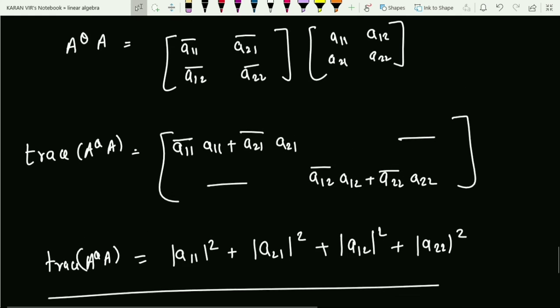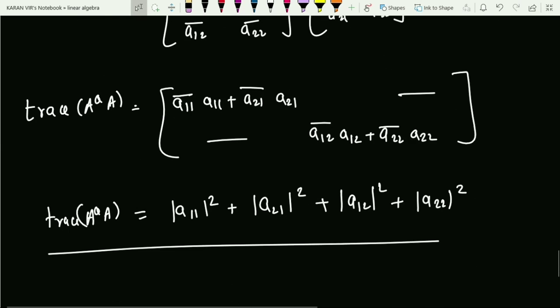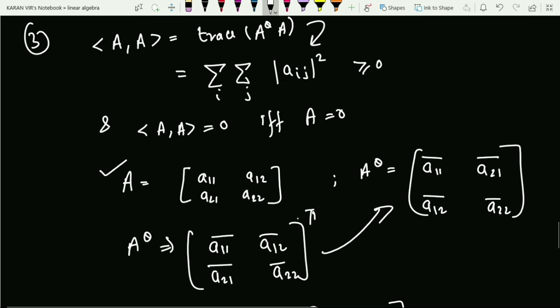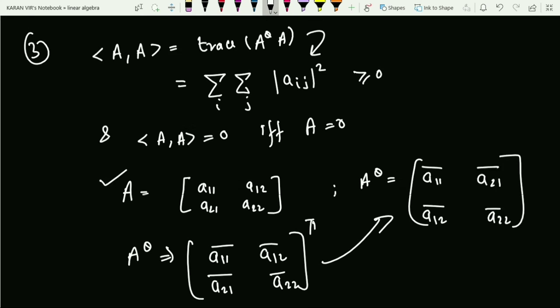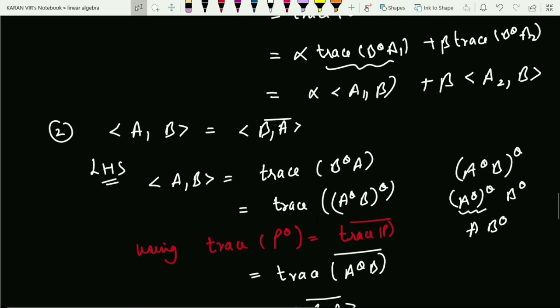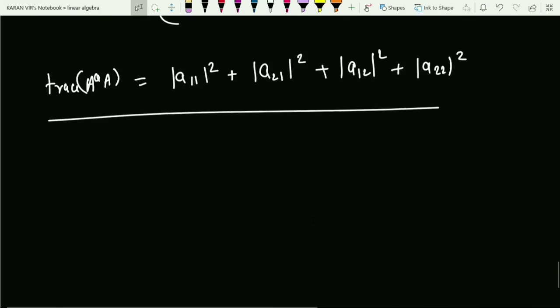I have just taken the modulus of each entry, squared it, and added all the entries of the matrix A. So in general, for any matrix, the trace of A theta into A will be the sum of the modulus of aij whole square, where i and j vary, and hence this is always greater than or equal to 0. I hope it satisfies all the axioms, and hence it forms an inner product space.